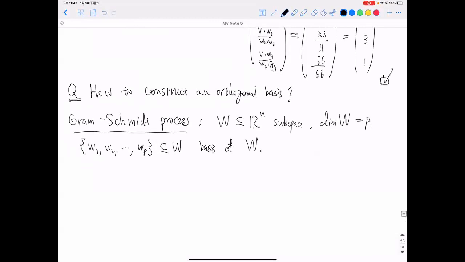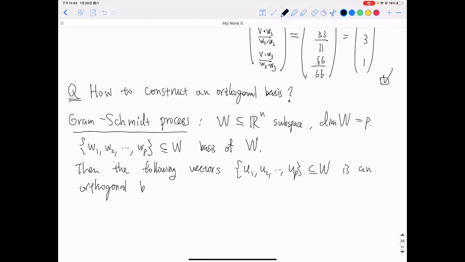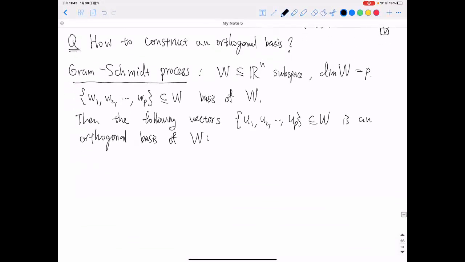Then we get the following vectors. Let's call them U1, U2, UP, is an orthogonal basis of W. So what are these U's?